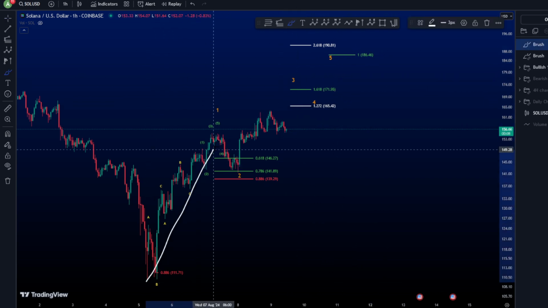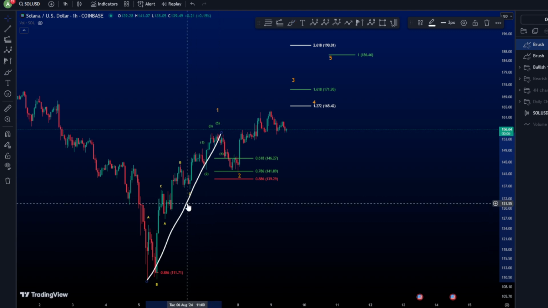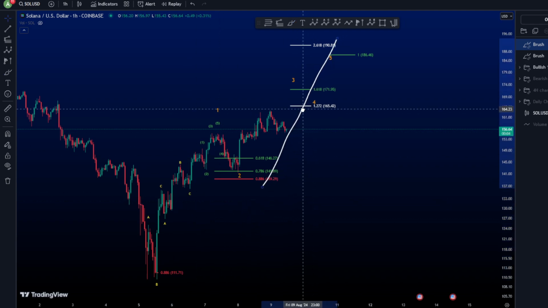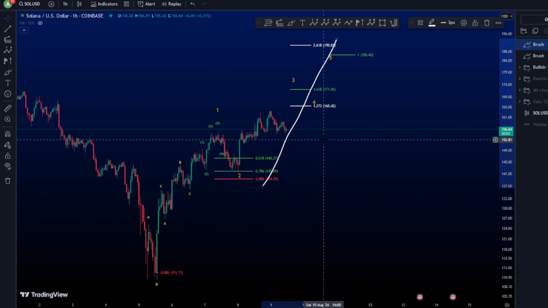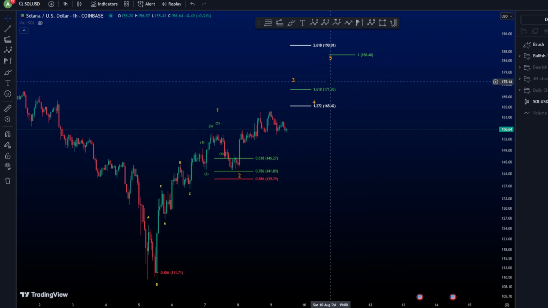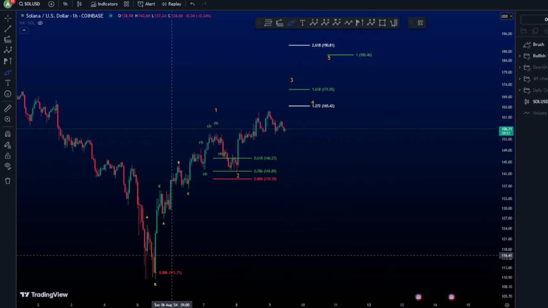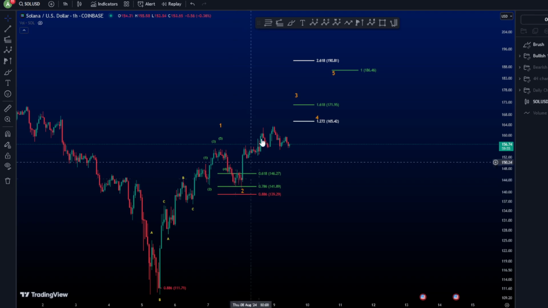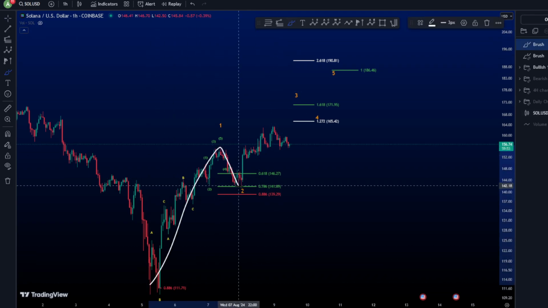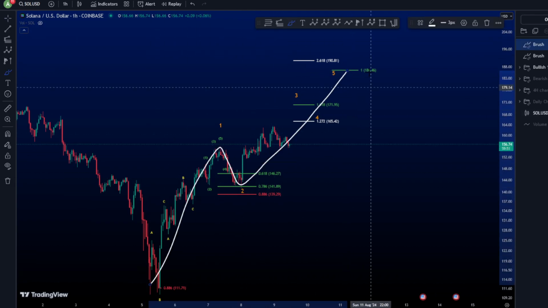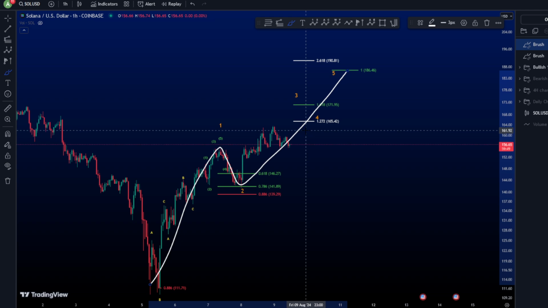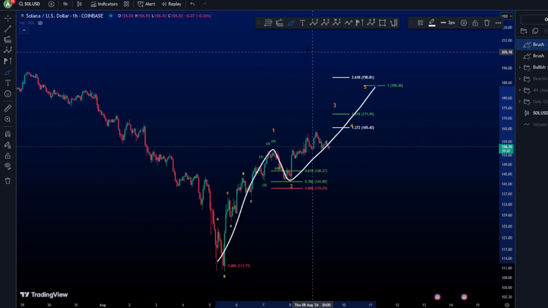Therefore, this leg should be equal to this one as well, in price and maybe in time. So your bearish scenario, which is 3 corrective waves, still has some bullish potential, a bullish area where you can still invest.